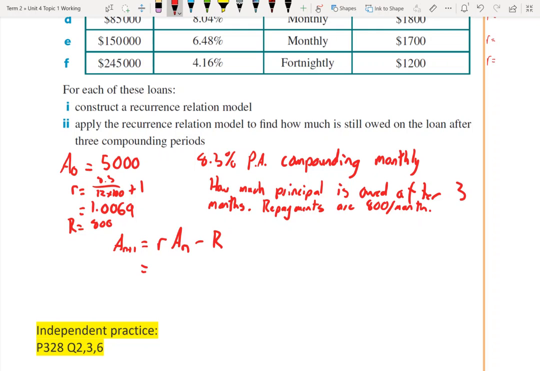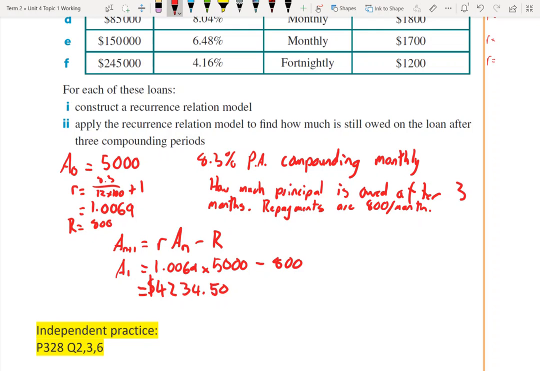So I'm going to say that A1 is equal to my interest rate, 1.0069, times my principal for my A0 term, 5,000 minus 800, which gives me 1.0069 times 5,000 minus 800, $4,234.50.